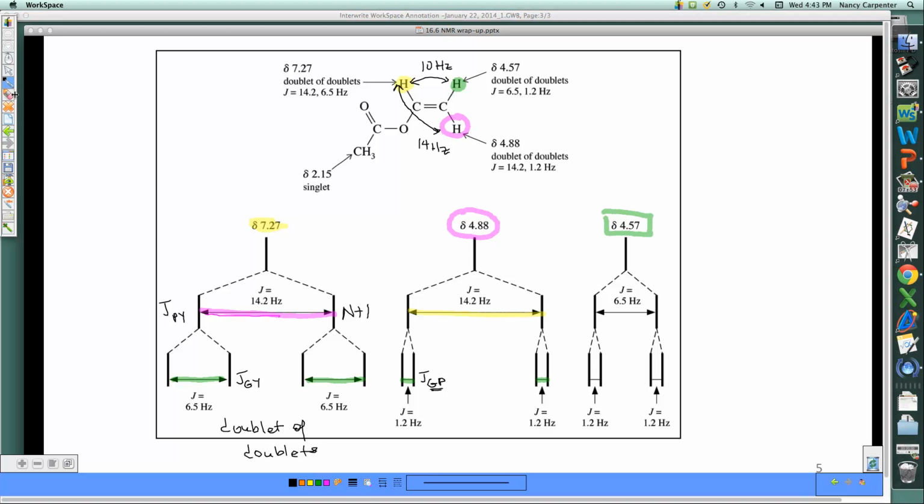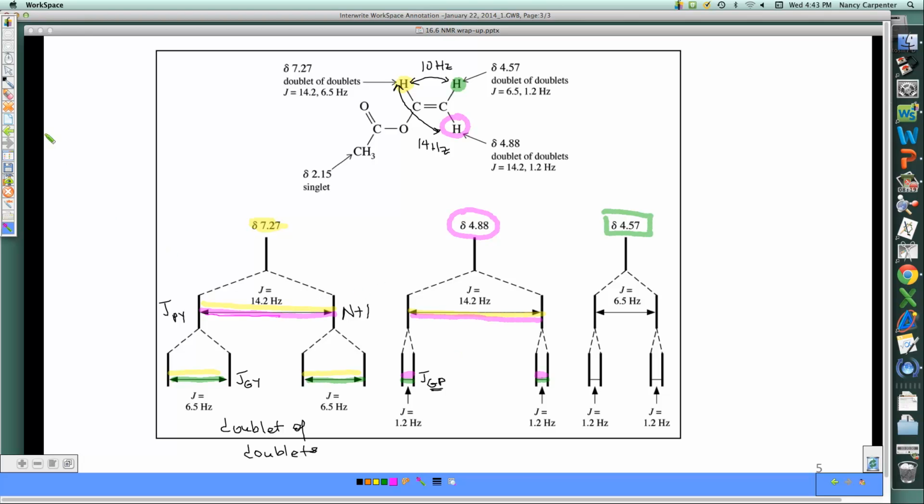Maybe not. It'll make it maybe a little more clear that this is coupling between the pink and the green, or this is a coupling between the yellow and the green, yellow and the pink. I'm a stifled colorer from way back.